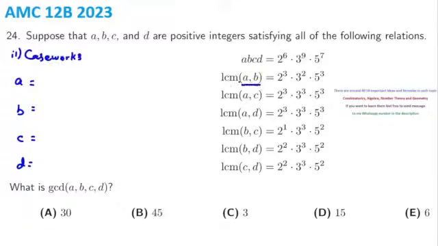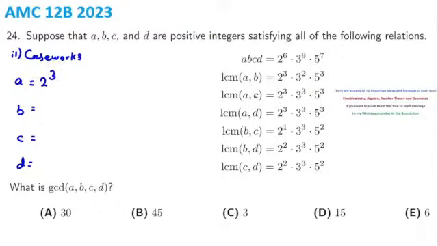Here, for the maximum in an LCM, you should select the maximum power of each prime. So A is 2 to the power of something, B is 2 to the power of something. The maximum one is 3. But here, because the maximum of B and C is 1, B cannot be 3. A is 3. So from here, we can say A is 2 cubed.